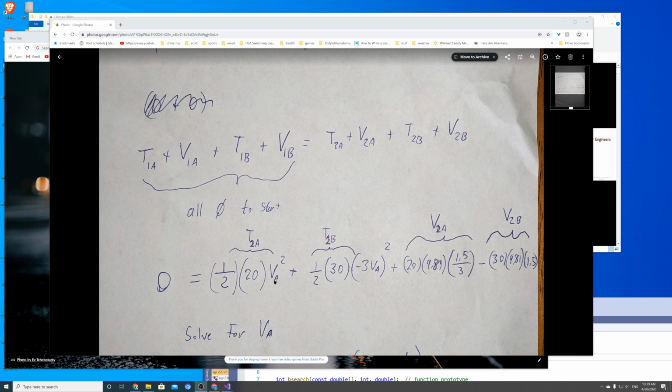So here is block A, my final kinetic energy. Block B, final kinetic energy, where in this case we just substitute in for VB with negative 3 VA. And then here is block A, its final potential energy. And notice it's only gone up 1.5 meters over 3.